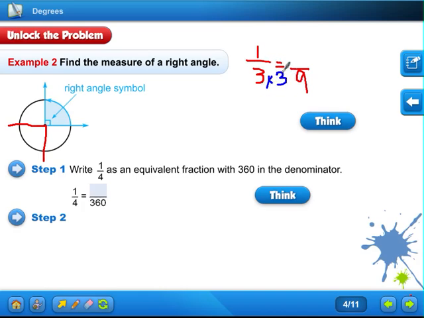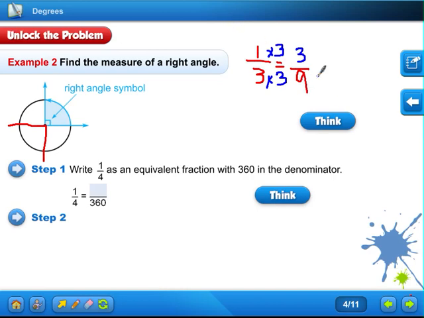So if I multiply the bottom by 3, I have to multiply the top by 3. 1 times 3 equals 3. So we know that those are equal to each other.